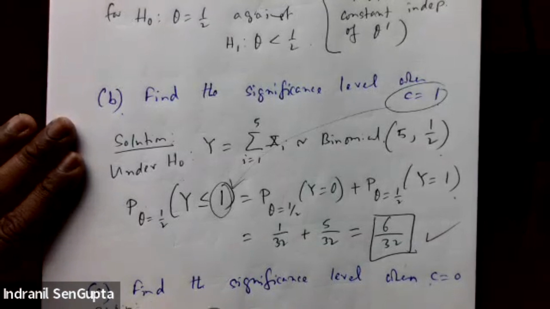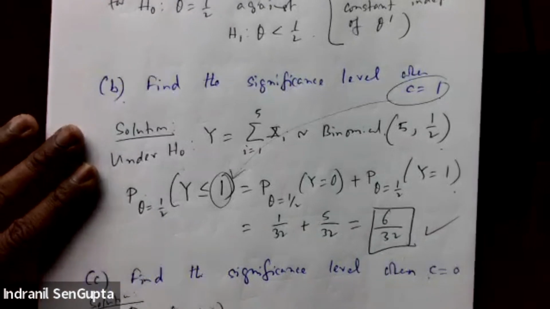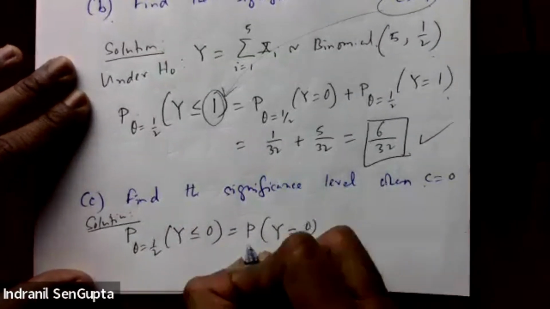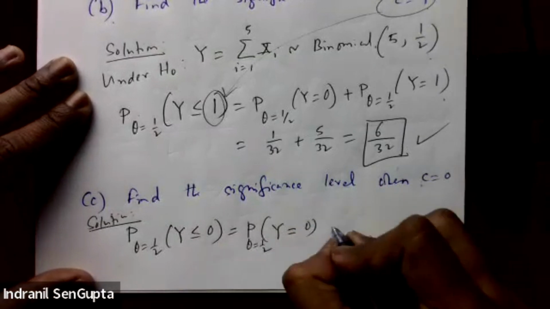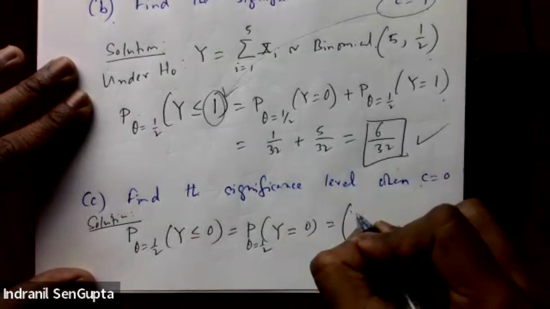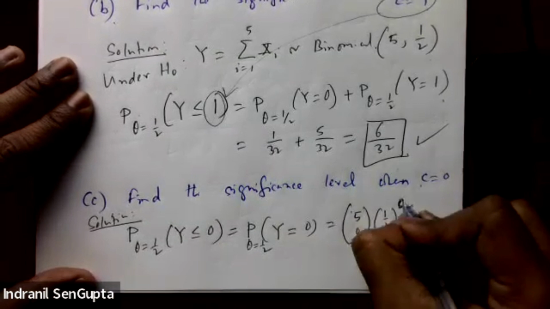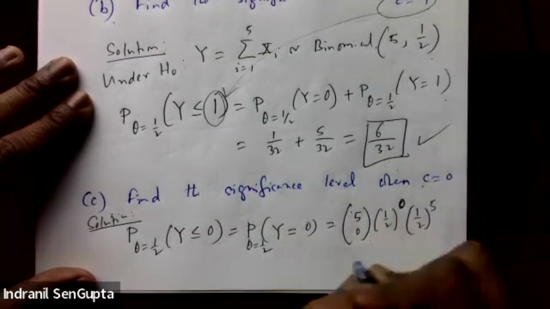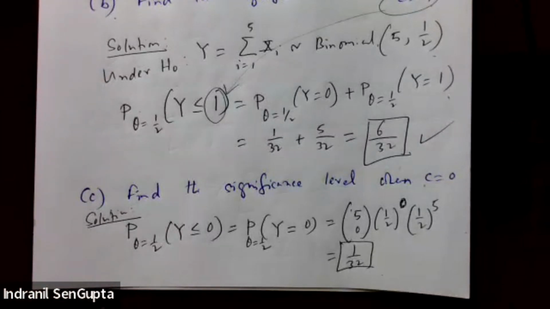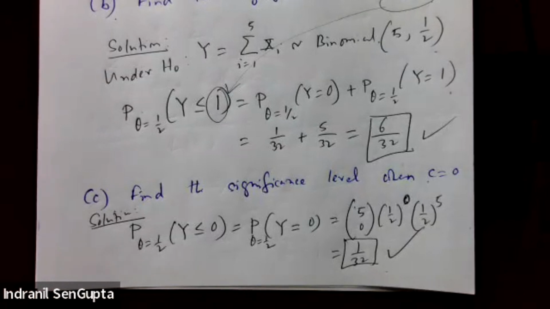Solution: under theta equals 1/2, I'm trying to compute the probability that y is less than or equal to 0, which is the same as the probability that y equals 0, which is 1 over 32. By the way, let me write it in detail: 5 choose 0, 1/2 to the 5, 1/2 to the 0, which is 1 over 32. So the significance level for c equals 0 is also 1 over 32.